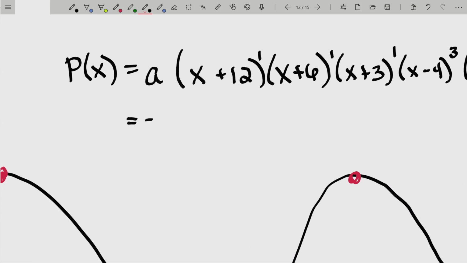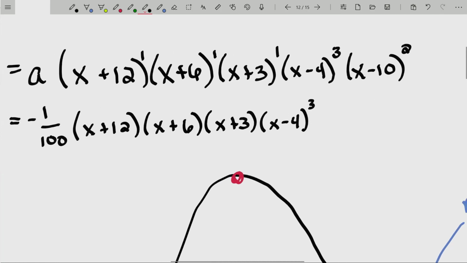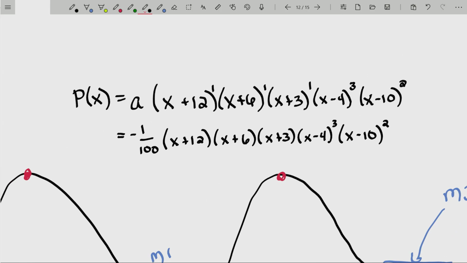I'm just going to write -1/100th just because I want to. The rest of it I just copy without the ones on the powers because they're silent. There's no reason to write those in there. So the entire polynomial, when everything's written out properly, is this guy right here. And again, your leading coefficient could be any other number as long as it's negative.